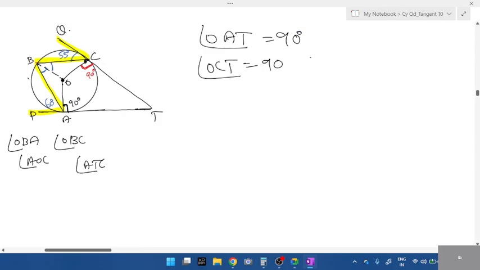So 90 degrees, 90 degrees. Try to write the values. Statement, you take your time and do it. Later I'll explain. Complete with the statement, students. And try to find even ATC, T outside.